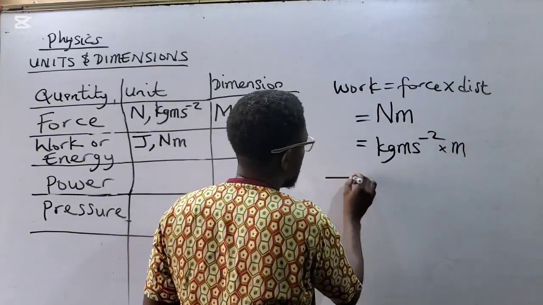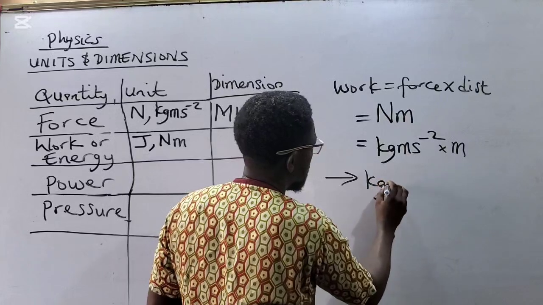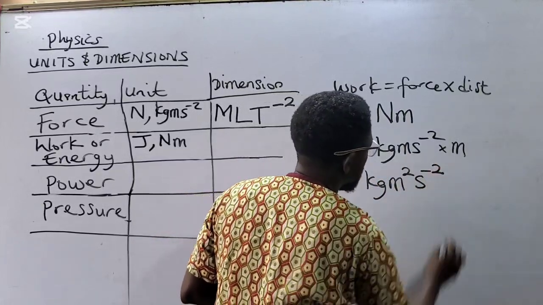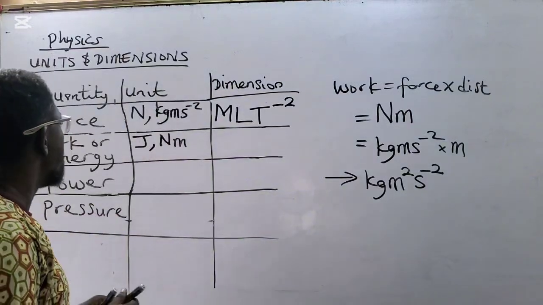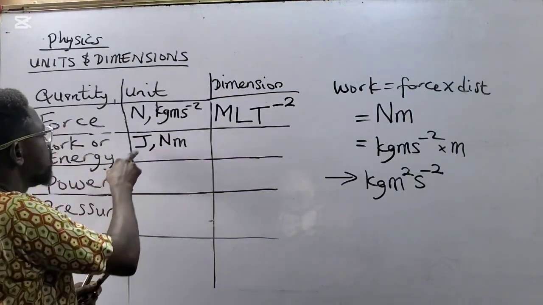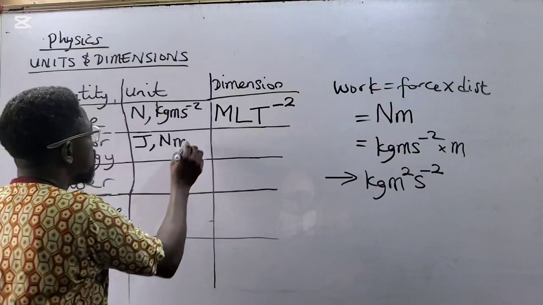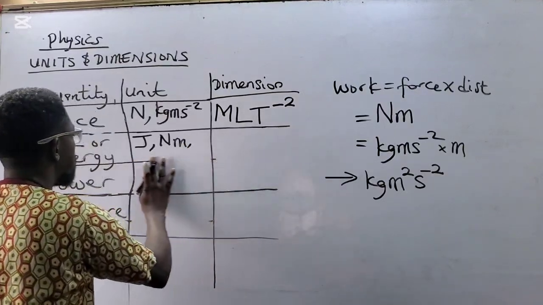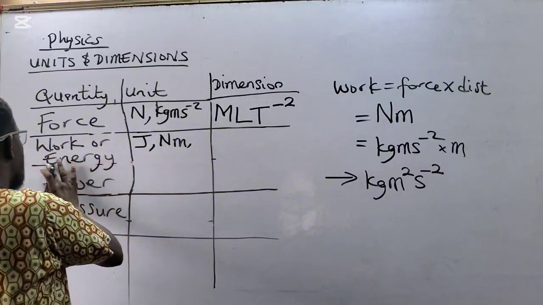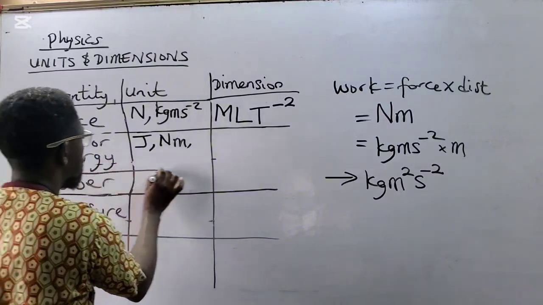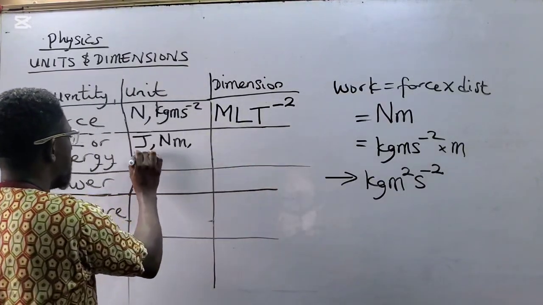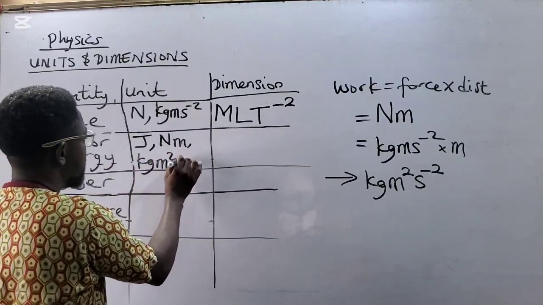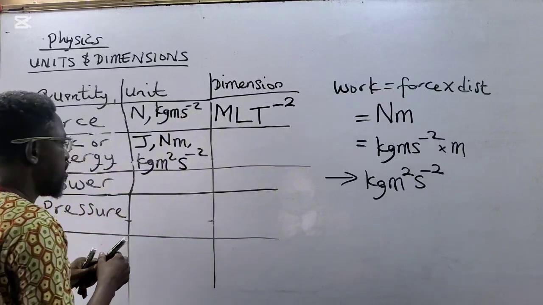So that will now give us kilogram meter square per second square. So that means for work or energy, the unit is either the joule or the newton meter or the kilogram meter square per second square.